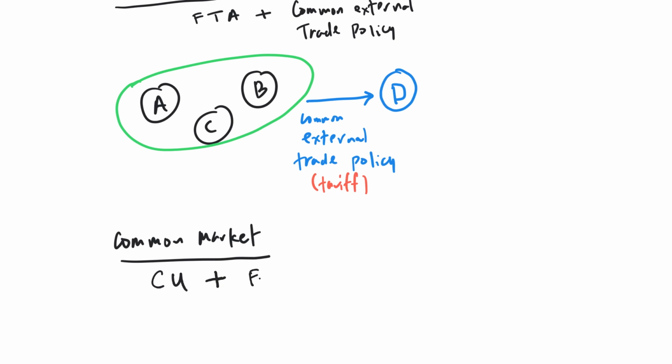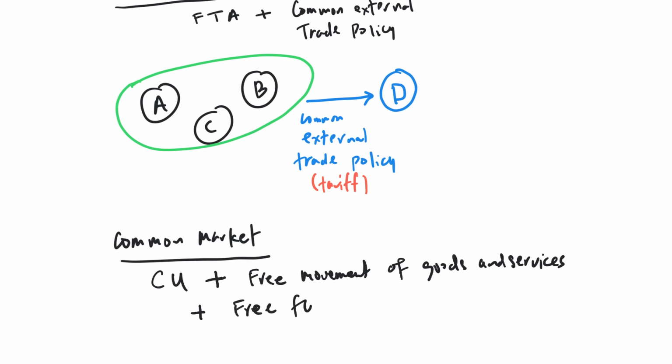Number one, free movement of goods and services, plus free flow of capital. If you are part of one country, you can easily invest in another country, plus free flow of factors of production.